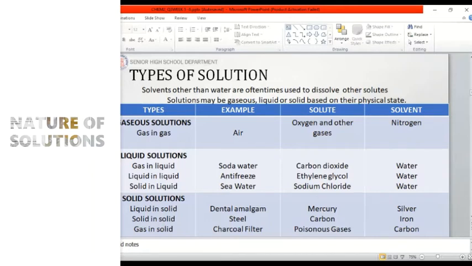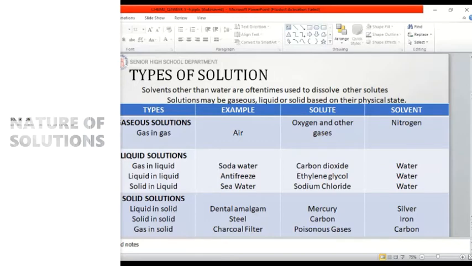What's the composition of steel? It's made up of carbon and iron mixed together. And gas in solid, we have charcoal filter, with a composition based on poisonous gases and carbon. Those are examples of different types of solutions.